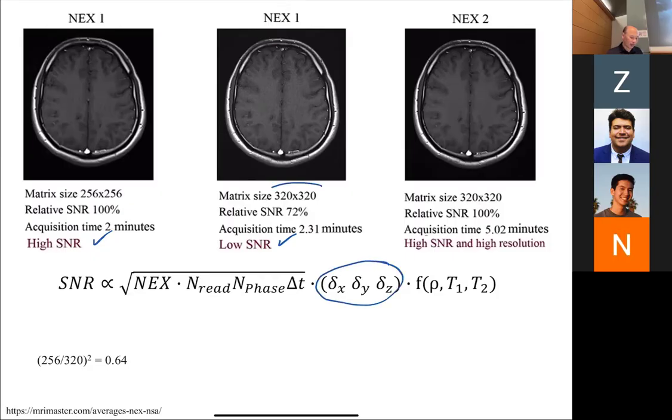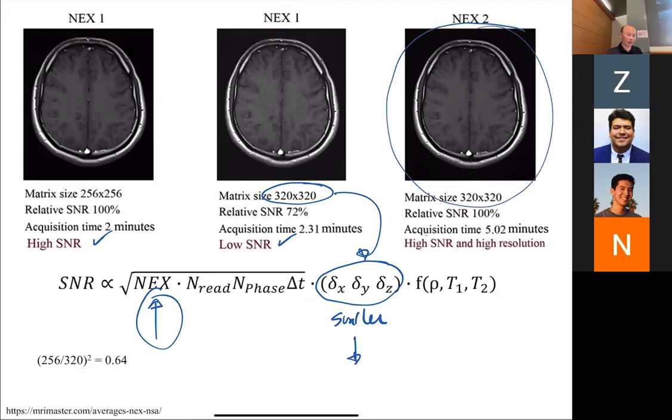So the matrix size increased, and this is now smaller. In this case, I can make up for that by just increasing NEX. So this went down, so I increased NEX, and I get my high resolution and high SNR, right? So these are some of the trade-offs that clinicians can make.